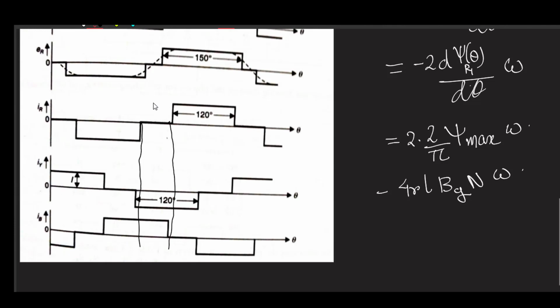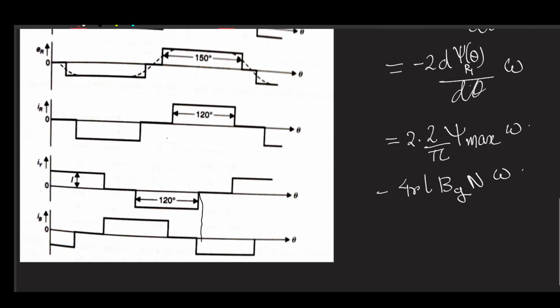But once IR becomes high, then in this region IR and IY are conducting, but your IB is 0, right? Similarly, at every instant only two phases are conducting.